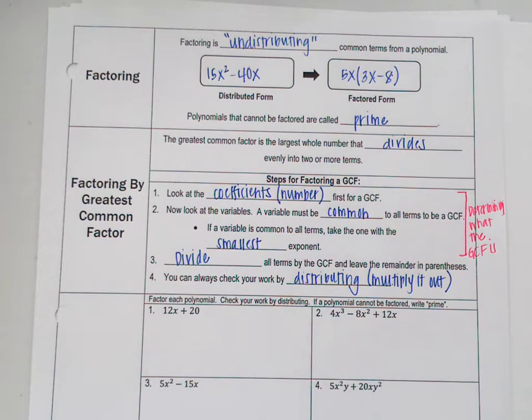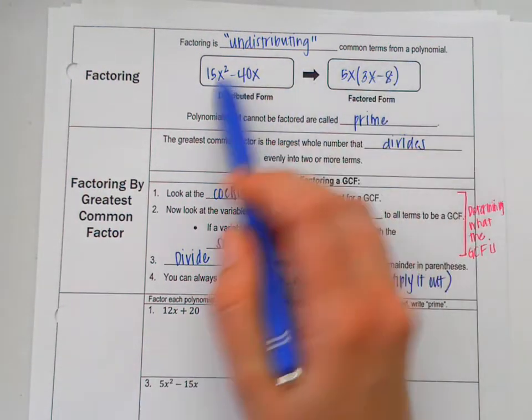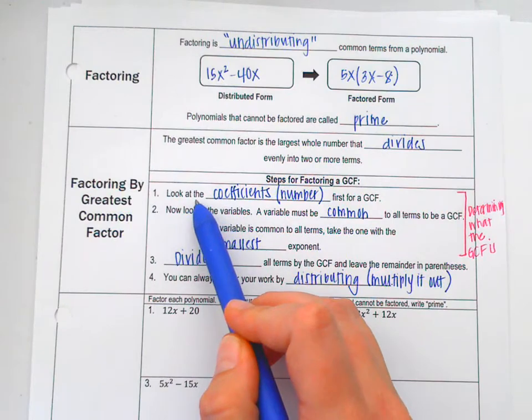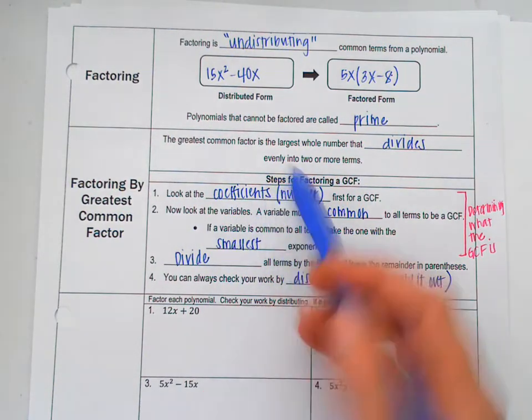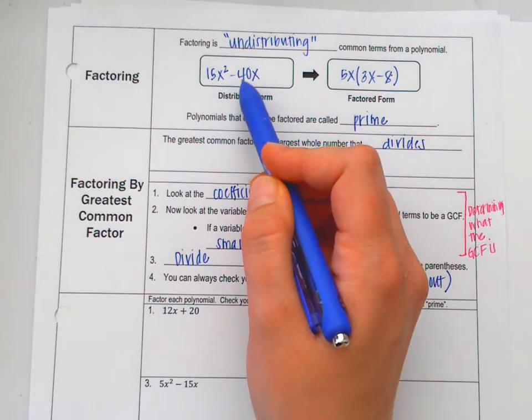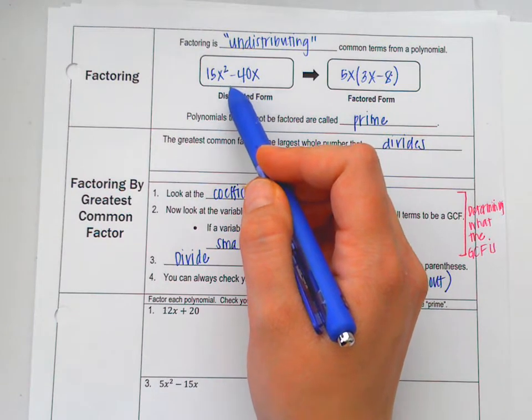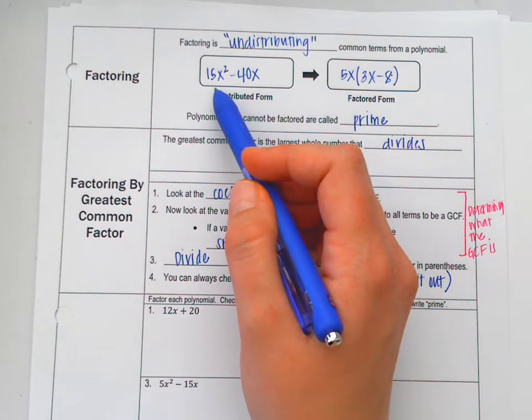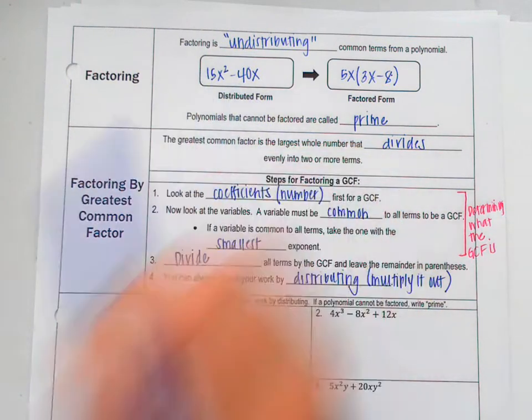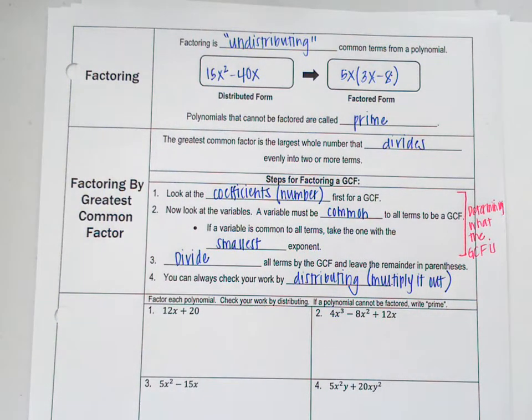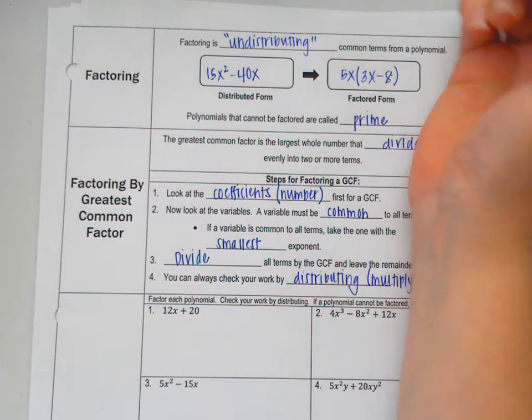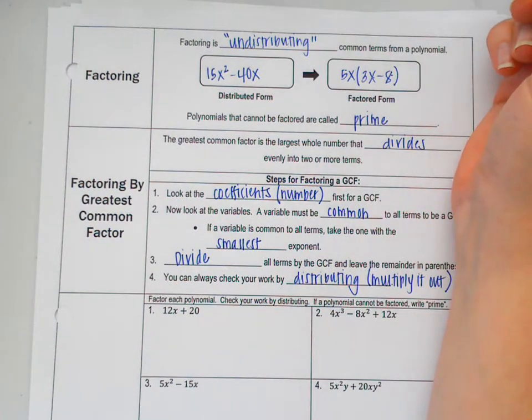If I'm looking here, it says first look at the coefficients. I look at 15 and 40, and I think, what's the biggest number that divides evenly into 15 and 40? I know that sometimes that's hard to think about, but if I'm stuck, I will actually write out the factors.